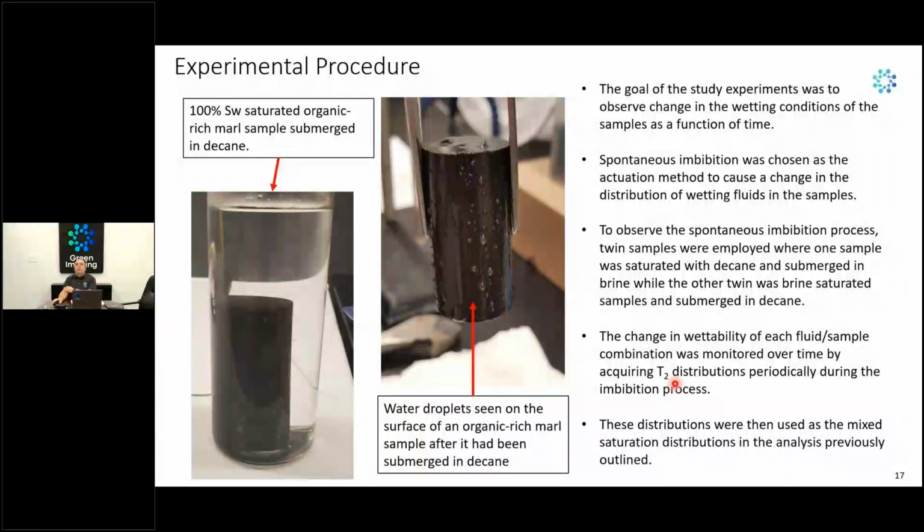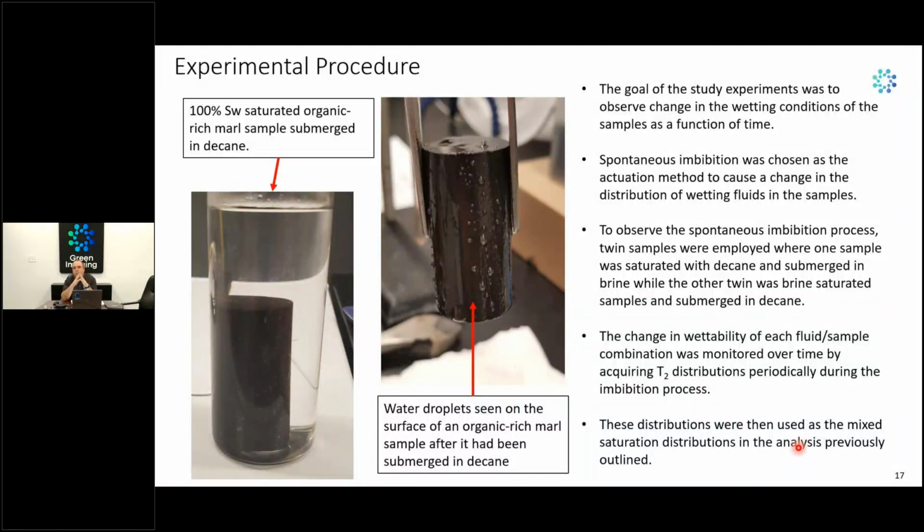And these T2 distributions that we recorded as a function of time would always act as the mixed saturated distributions in the analysis I previously outlined. So we would have the 100% oil saturated and the 100% water saturated, the bulk oil and the bulk water T2 distributions on hand, and then every time we would take the sample out, dry it off, run its T2 distribution, we would use this mixed wettability T2 distribution as one of the points in our fit, and we would generate a new wettability and a new saturation every time we removed it.